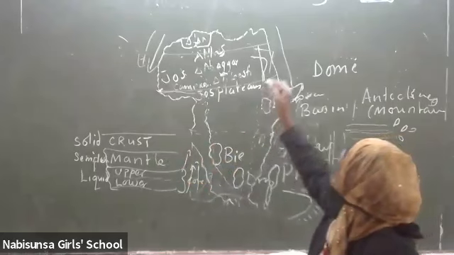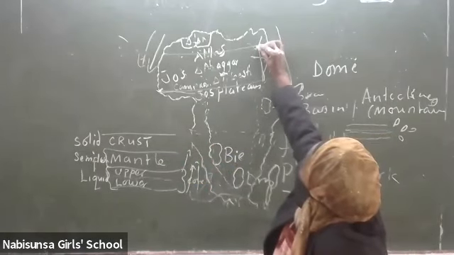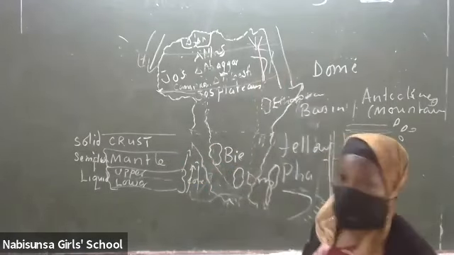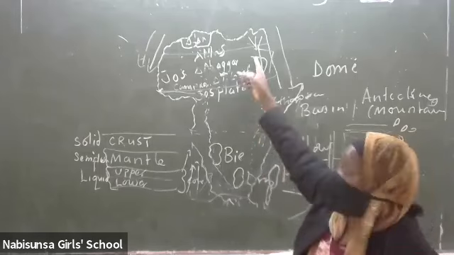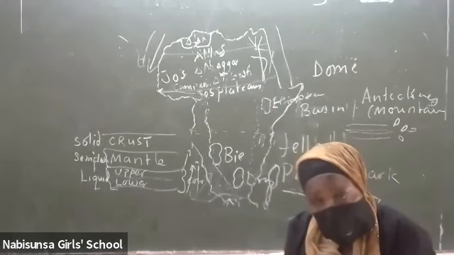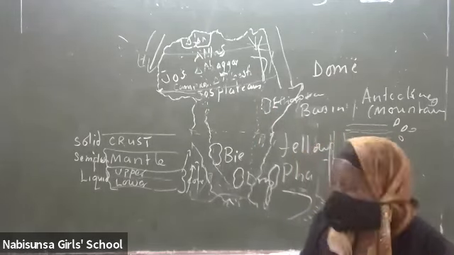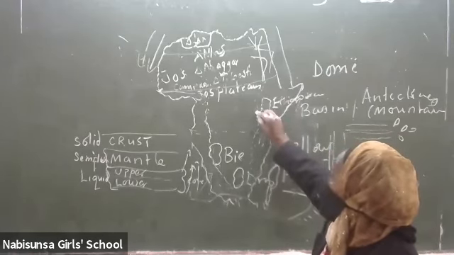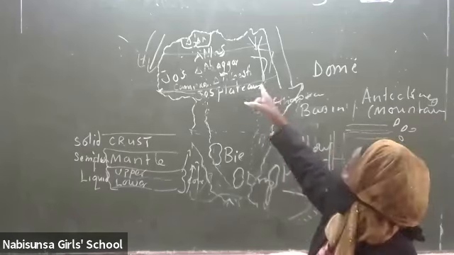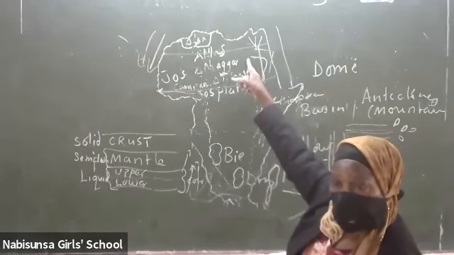It only distributes itself here to form the Nile Delta. But when it reaches here, it has no tributary, and the tributary which it has is from the Ethiopian Highland down here before it crosses there.